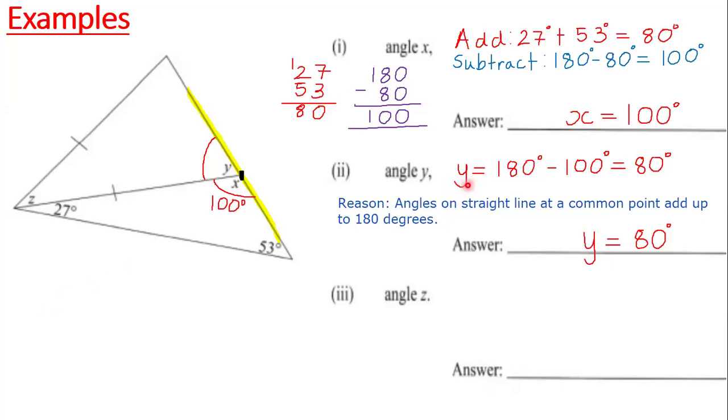How do we get the answer for y? What do we do? 180 take away 100. And what does that give us? 80. Why did we subtract from 180? Why did we use 180 degrees? What's the reason?